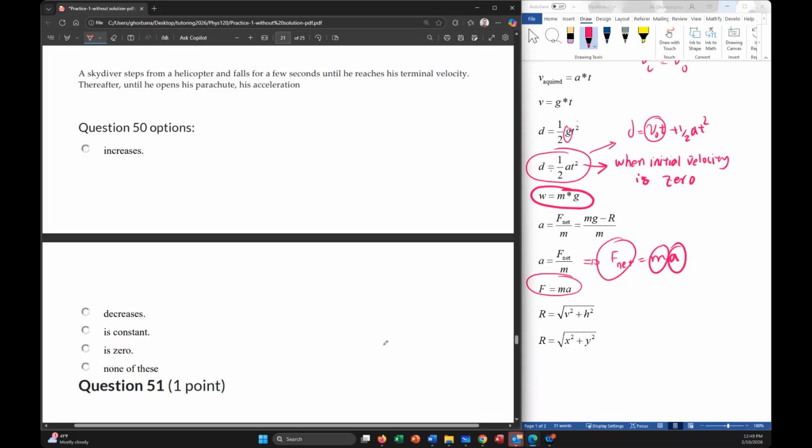While you are moving, the air drag force increases because it is directly related to the velocity. As your velocity increases, the drag force increases. At one point, drag force and your weight become equal. A couple of seconds later, you are moving with constant terminal velocity, and then you open the parachute. What happens? The air drag force suddenly becomes really big, bigger than your weight. Based on this, which one is the right answer?